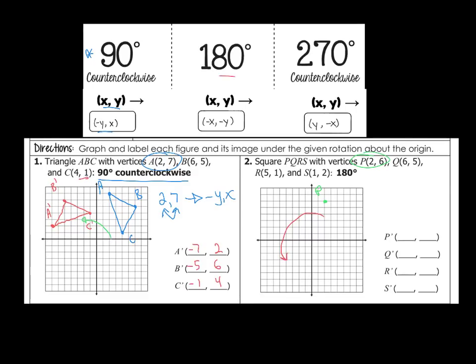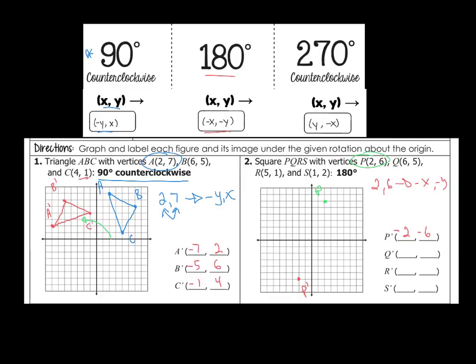Our rule for 180 degrees says that 2, 6 is going to get mapped to the opposite of X, opposite of Y. So it's still going to be a 2 and a 6, but they're going to change signs. So P prime is at negative 2, negative 6. So 2 left, 6 down is going to be P prime.